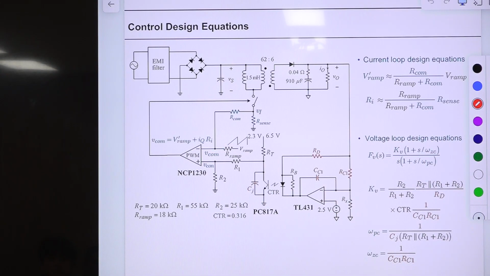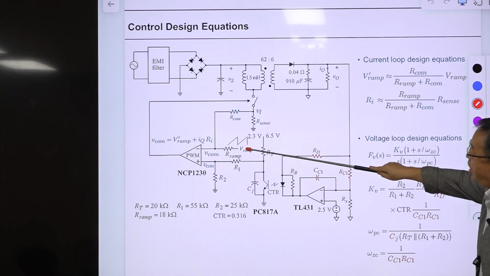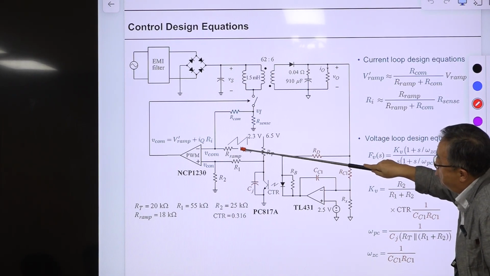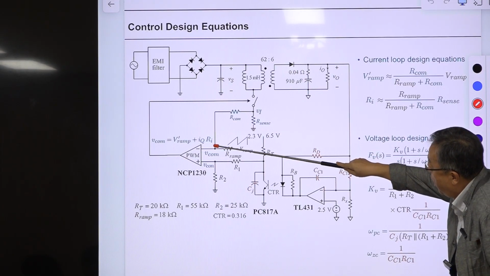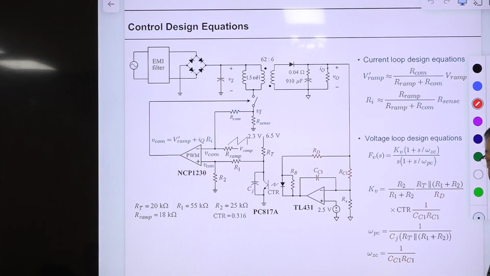The important thing is the current loop design. We should determine this V ramp prime. This is the V ramp, and it will be divided by these three resistances and appear here as V ramp prime. So we should design this V ramp, and R_I is the current sensing network gain.